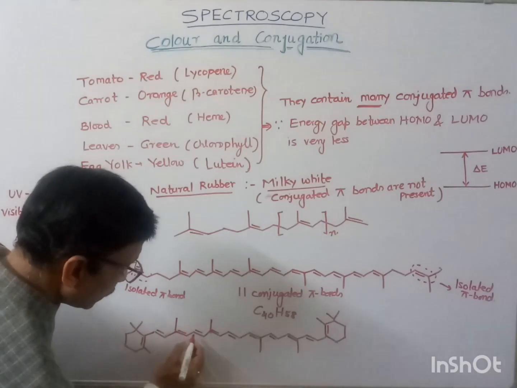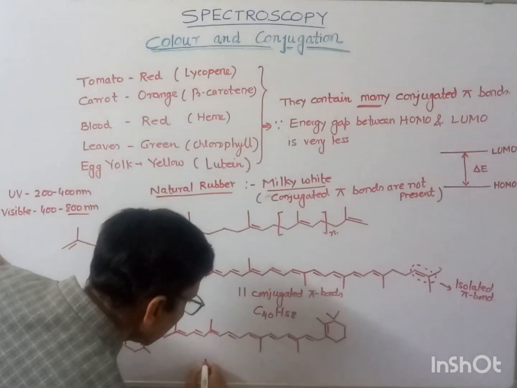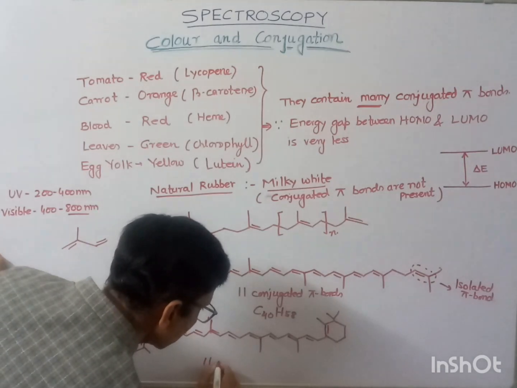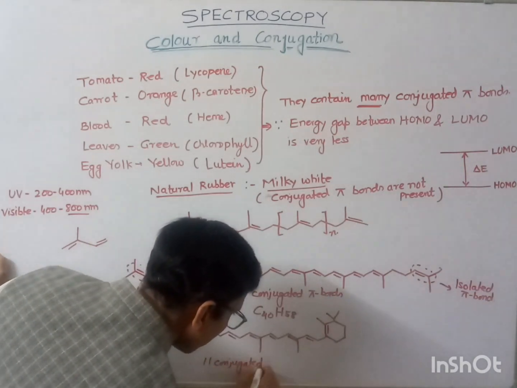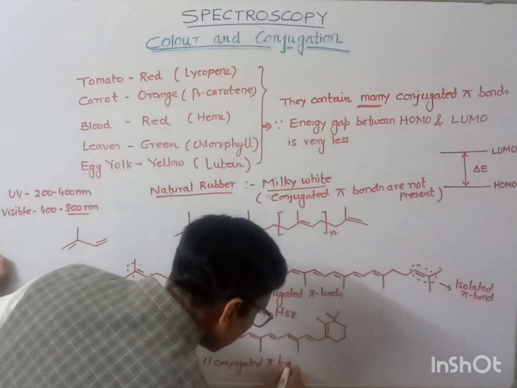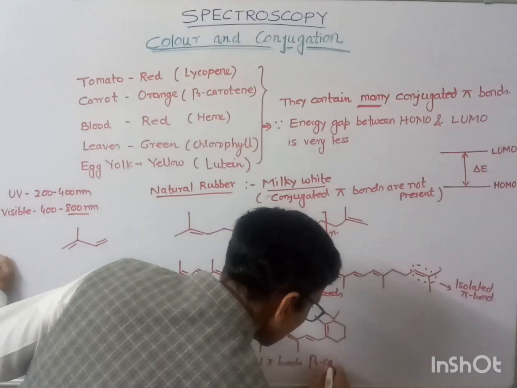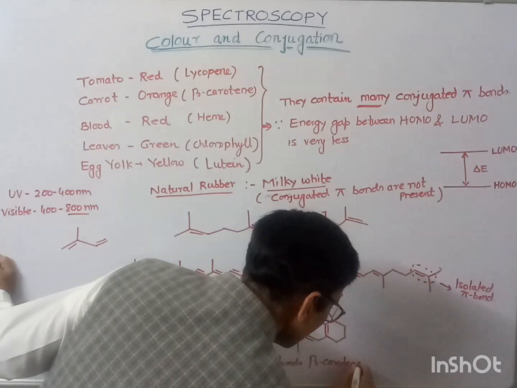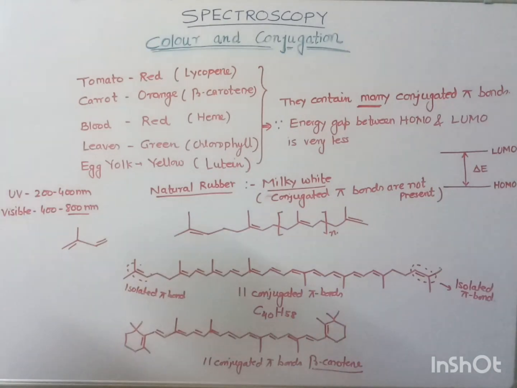So 11 conjugated pi bonds are present in beta carotene. So this is the structure of beta carotene, and due to this, it is colored in nature.